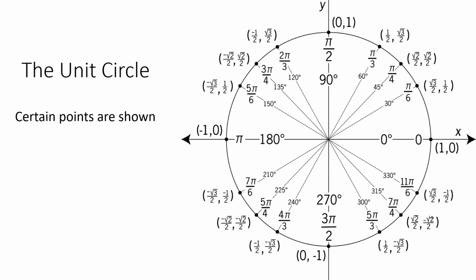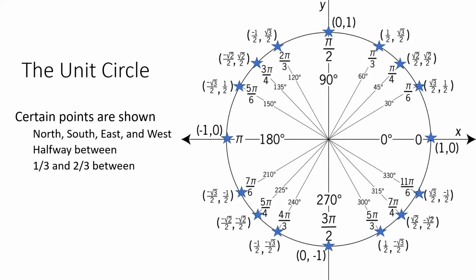You'll also notice that certain points on this circle are shown. The northernmost, the southernmost, the easternmost, the westernmost, you could say top, bottom, right, and left points are labeled, and then also the points halfway between those points. So maybe northeast, northwest, southwest, southeast.